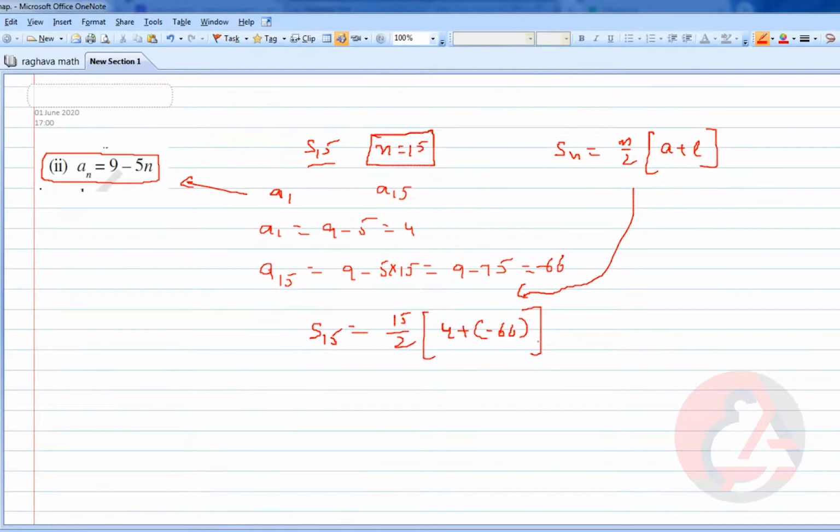So 4 minus 66 is minus 62. 15 by 2 into minus 62 is 31 times, so 15 into 31, minus 465. So the sum of the 15 terms will be equal to minus 465.